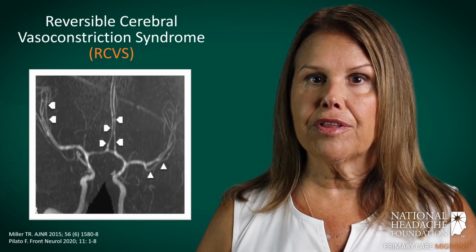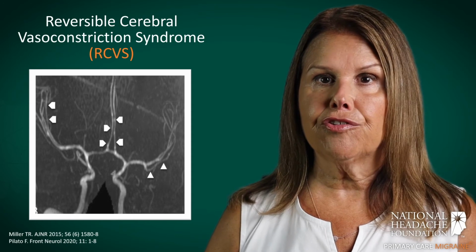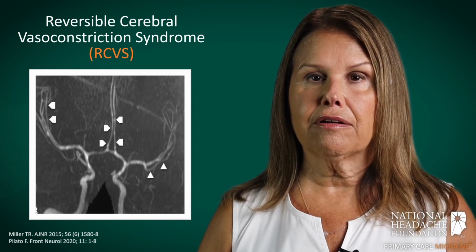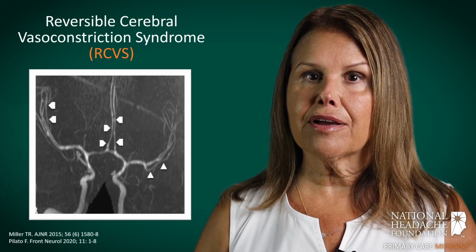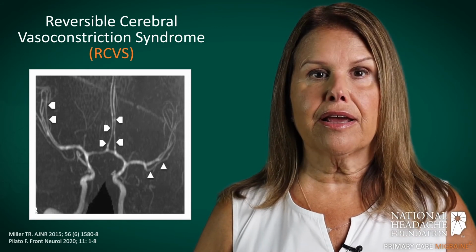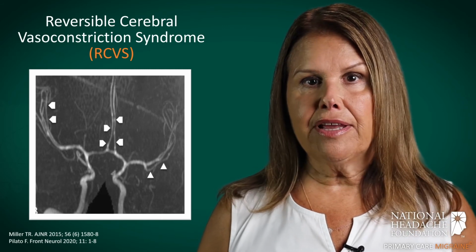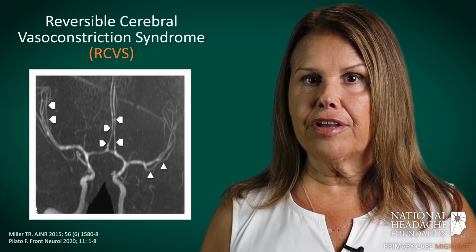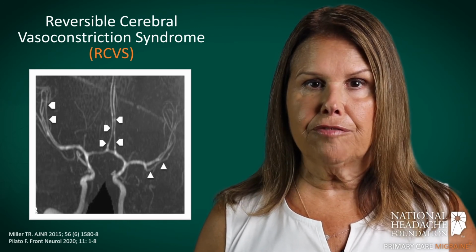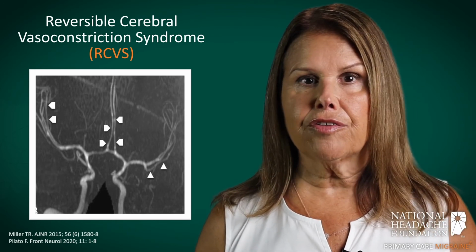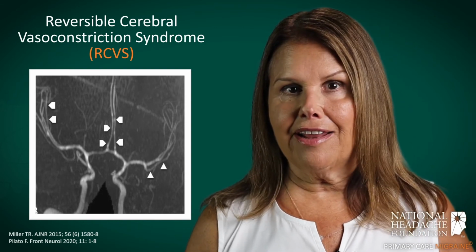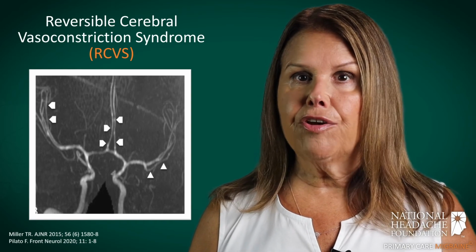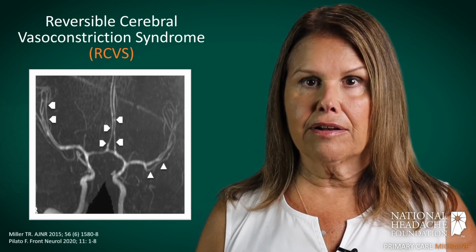It is diagnosed when there are 2 or more segments of vasoconstriction within the same artery occurring in more than one artery. This has been increasingly recognized as a cause of thunderclap headache. It's most common in women between the ages of 30 and 50. Predisposing factors for RCVS include vasoconstrictive meds such as decongestants and triptans, use of cocaine and cannabis, pregnancy, postpartum state, pheochromocytoma, and migraine.